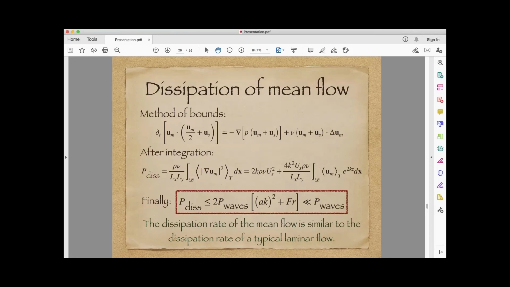So what we did is we took the evolution equation for the mean flow, and then we took the dot product with u plus u_s, which is the Lagrangian velocity field, the mean flow plus the Stokes velocity field. So u plus u_s is also called the Lagrangian velocity. It's the sum of the Eulerian velocity field plus the Stokes. What we found was that the nonlinear term totally disappears, and you get an equation of this form.